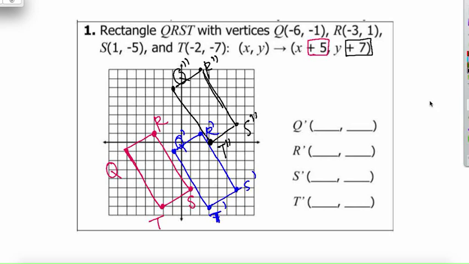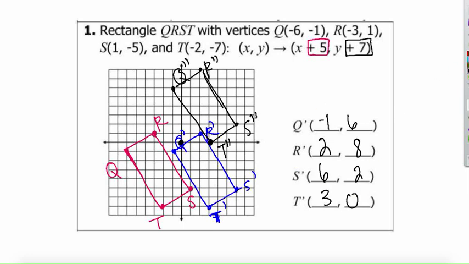For Q, reading from the origin, it is -1, 6. For R, it is over 2, up 8. For S, it is over 6, up 2. And for T, it is over 3, and 0.